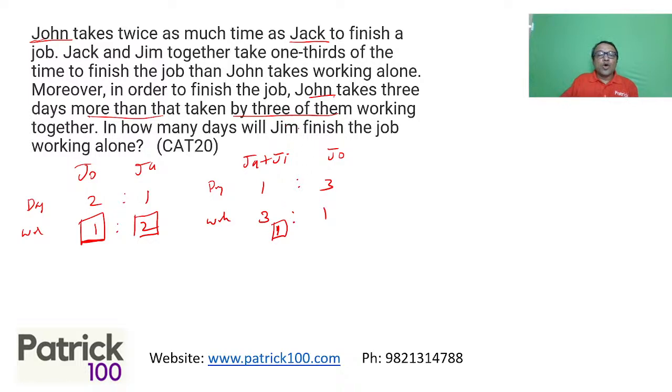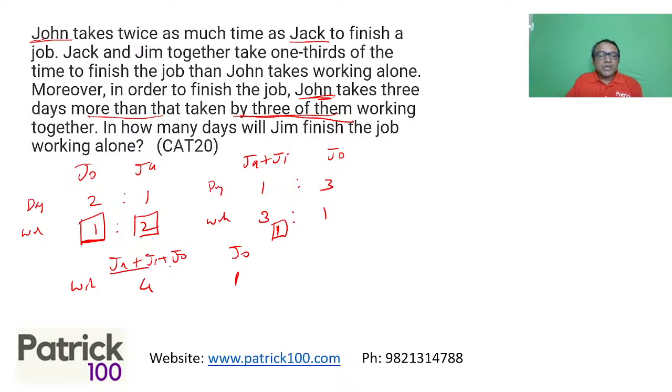Now we want all three of them: Jack plus Jim plus John. All three of them put together, the work done by them is 4. And work done by John is 1.